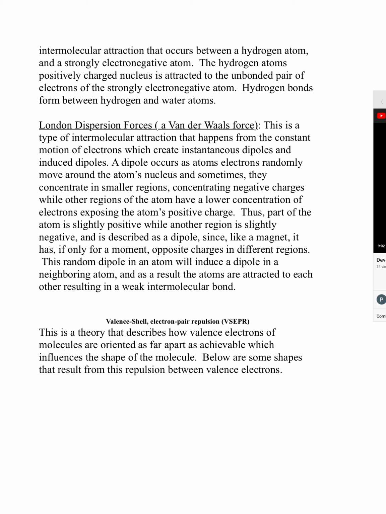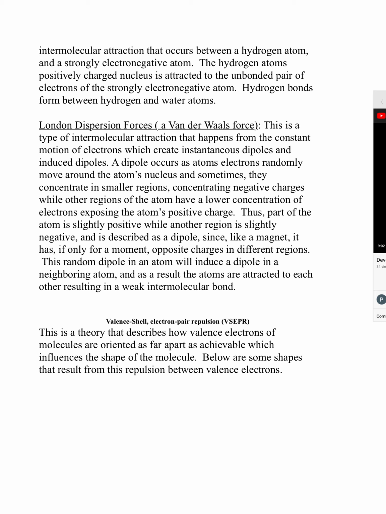Okay, so that is an example of hydrogen bonding. Another intermolecular force is the London dispersion forces. It's also called the van der Waals force. This is a type of intermolecular attraction that happens from the constant motion of electrons, which creates instantaneous dipoles and induced dipoles.